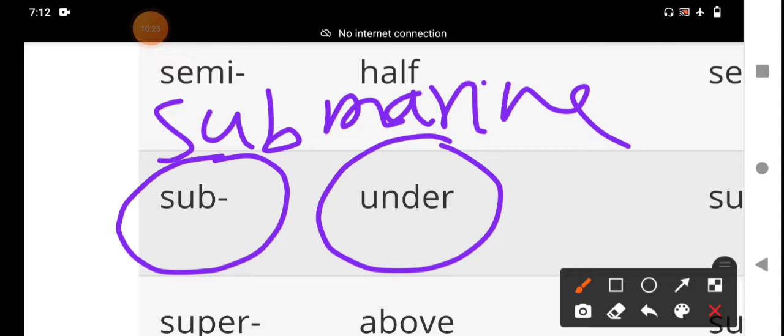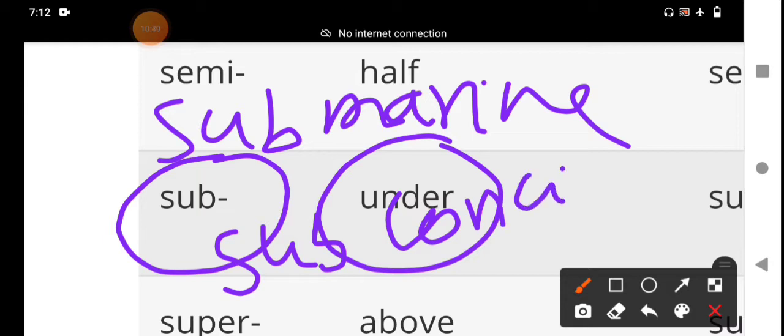For example, subconscious. Conscious, subconscious. Unconscious is entirely different. What is the meaning of subconscious? It is an adjective form.